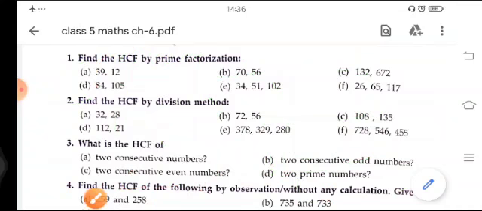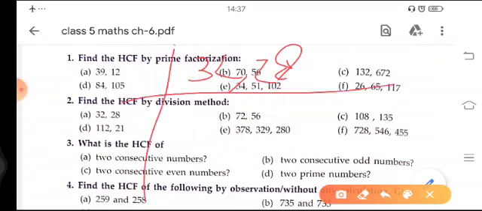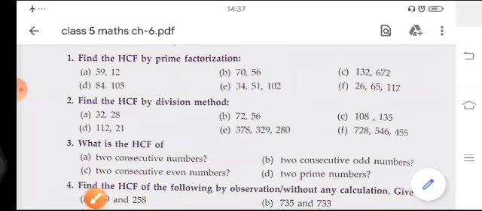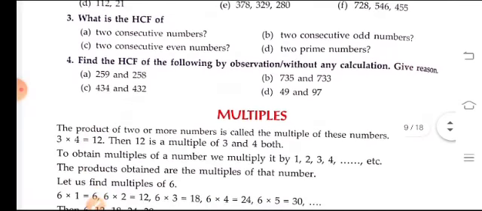Now in question number 2 we have to find the HCF by the division method. In the division method we write both numbers, 32 and 28, together and start the division as I told you in the example. After the division we multiply the factors we get on the left side, right? And after the multiplication we get a product, and that will be our HCF.